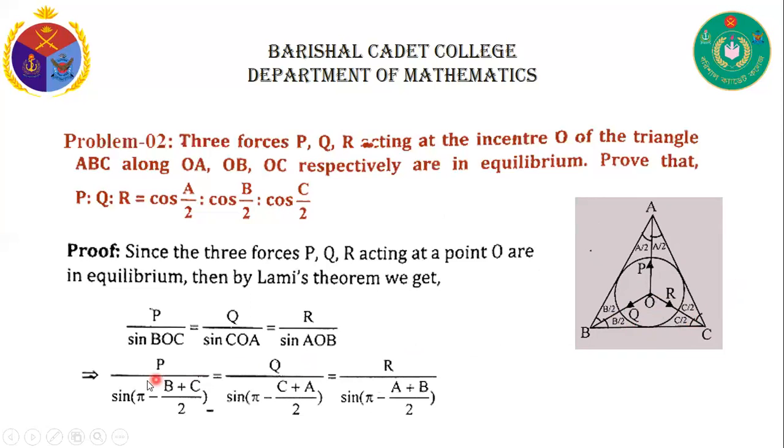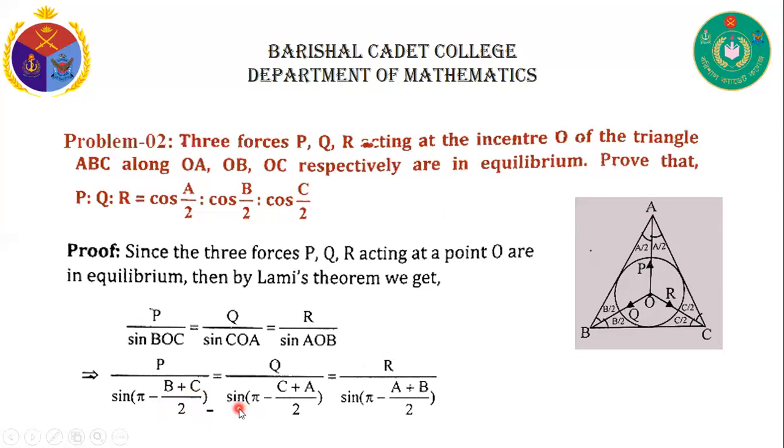So B by 2 plus C by 2 plus angle BOC equals 2 pi, so we can write angle BOC equals pi minus (B plus C) by 2. So sine BOC equals sine of (pi minus (B plus C) divided by 2).